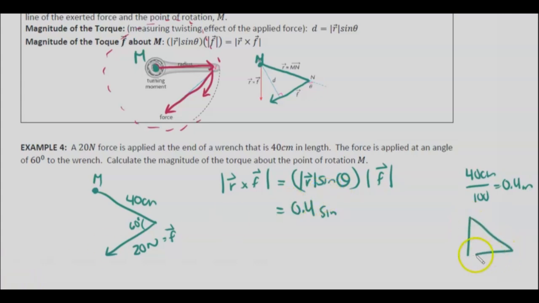When I'm thinking sine theta, I'm thinking, okay, let's go 30, 60, 90. Opposite 60 is root 3, opposite 30 is 1, and opposite 90 is 2. So when we have sine 60 in the next line, we're going to sub in sine 60 is root 3 over 2.